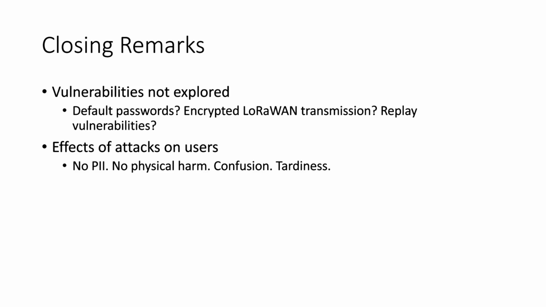If you say that there are spaces available when there aren't any, or if you say that there are no spaces available when there are a few, you might cause someone who is relying on the parking lot sensor to tell them whether or not there's space to mess up their schedule and cause them to be late for something. Maybe you could cause them to be late to a presentation, maybe they're late to the tech symposium, maybe they're late to an exam, something like that. But that's about the extent of the effects these attacks can have on the users.